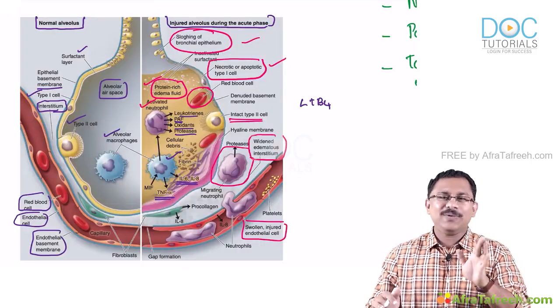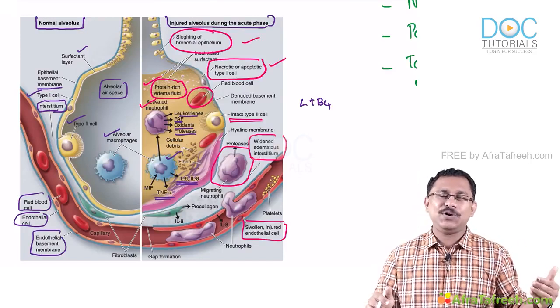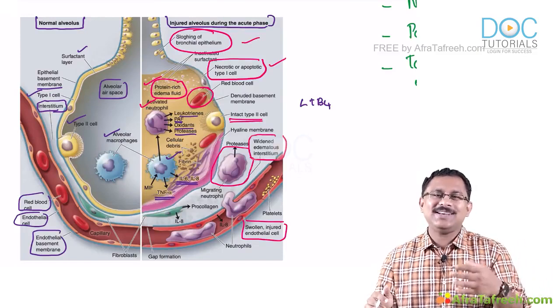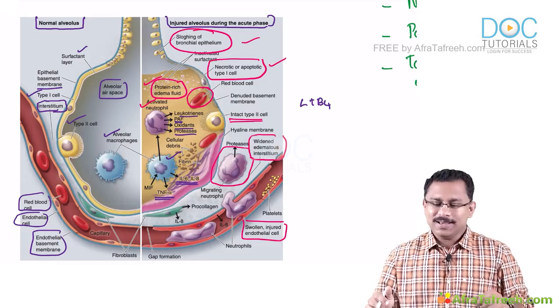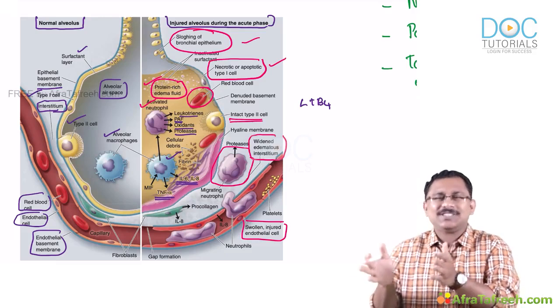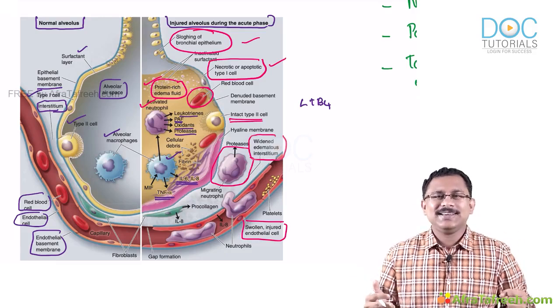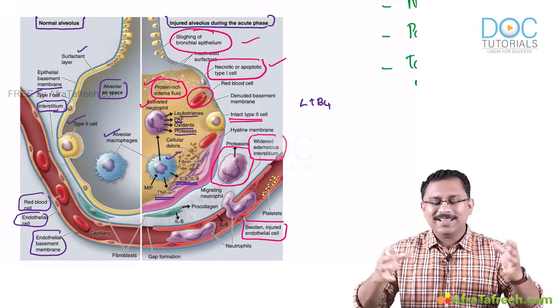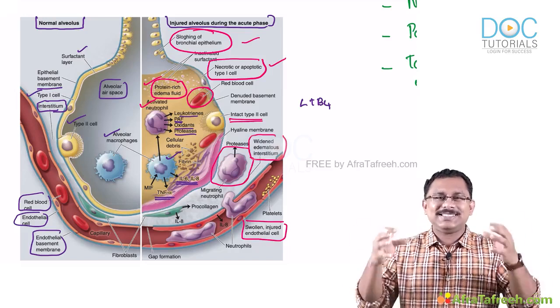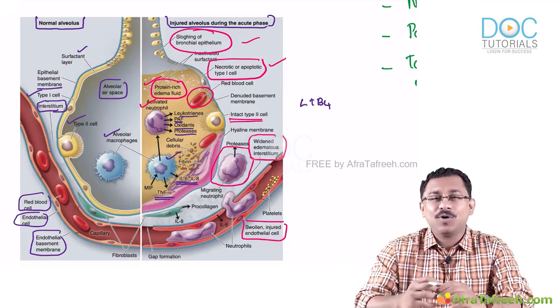So are you very clear on the sequence of events that happen during the exudative stage of ARDS? That is what happens in all these 7 days. And we will see in a short while what effect this has on the gas exchange. But as of now, you know about these inflammatory cells, the RBCs all getting into the alveoli. And there is so much alveolar flooding.